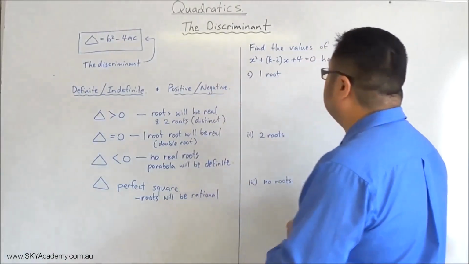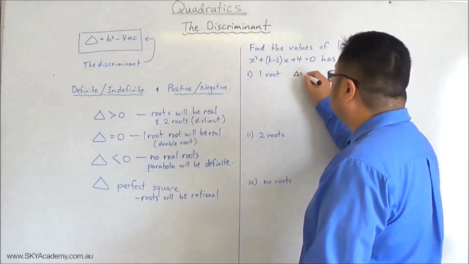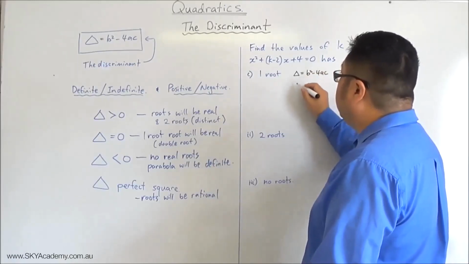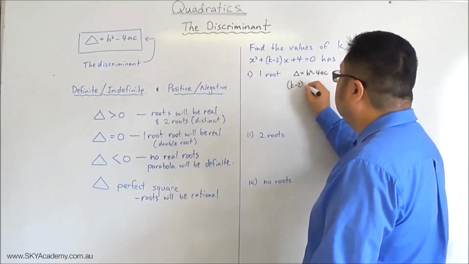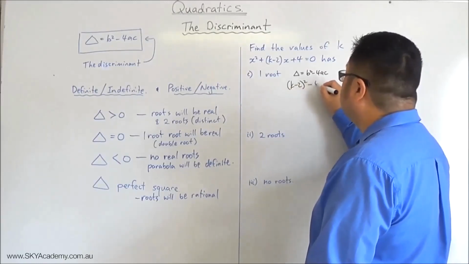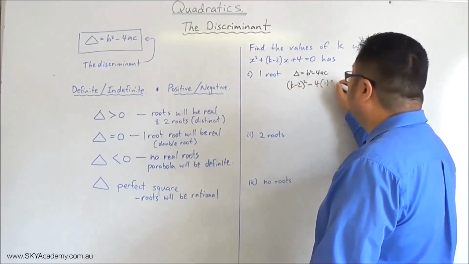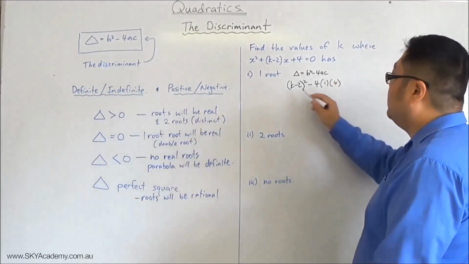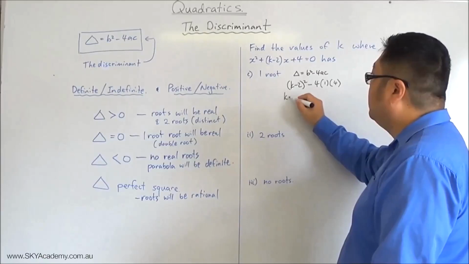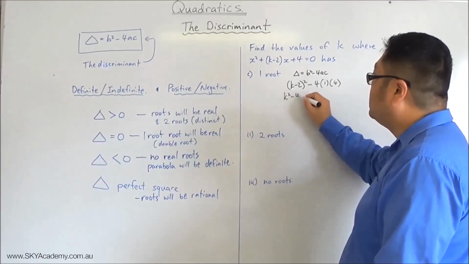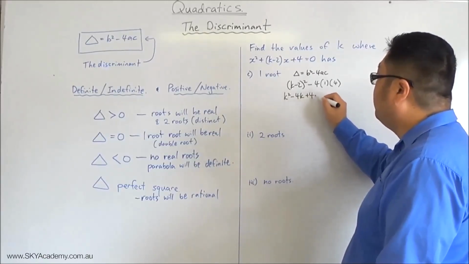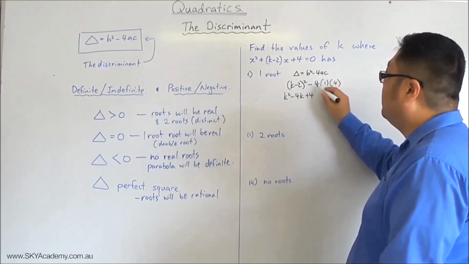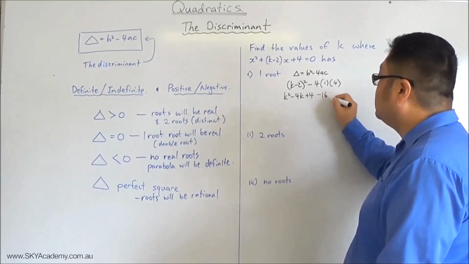So let's find the discriminant of that. The discriminant is equal to b squared minus 4ac, which is basically (k minus 2) squared minus 4, a is 1, c is 4. Let's work that out. So you've got k squared minus 4k plus 4, and then minus 4ac is minus 16.